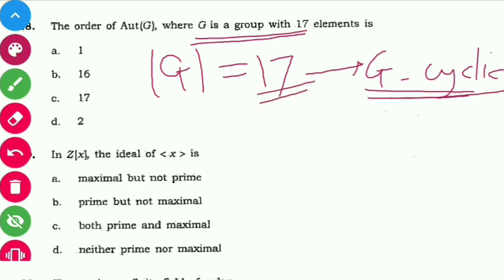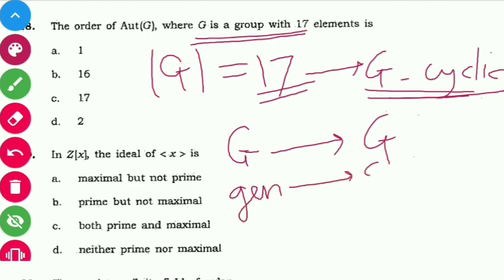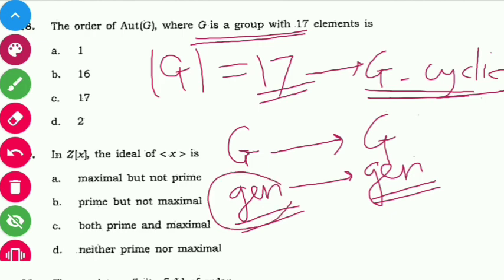Now if you look at any isomorphism from G to G, whenever this G is cyclic, then you just map generator to generator. ठीक है, तो this isomorphism just depends on the generator. So you take the choices for generator, you will get the number of isomorphisms.